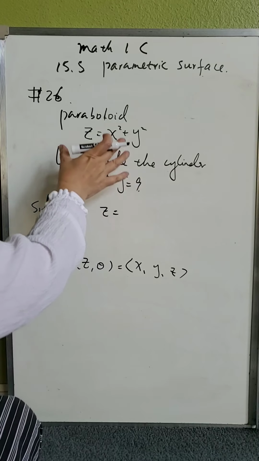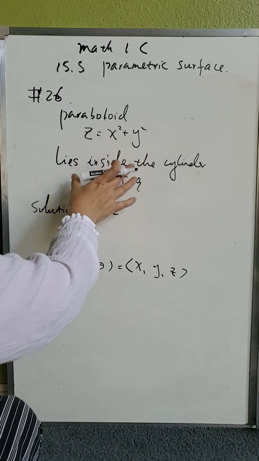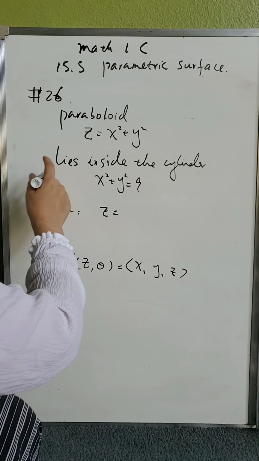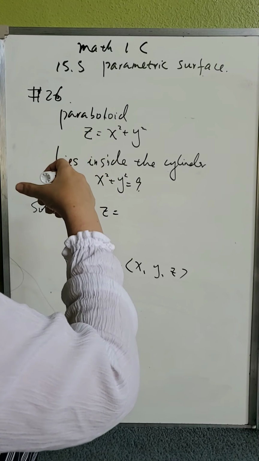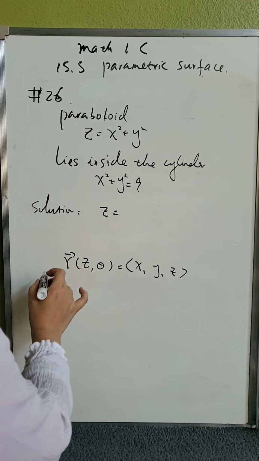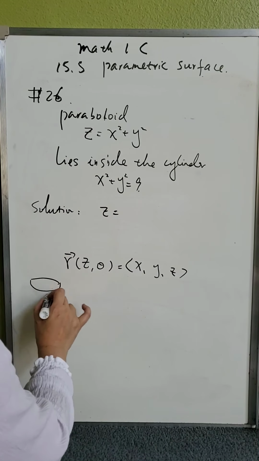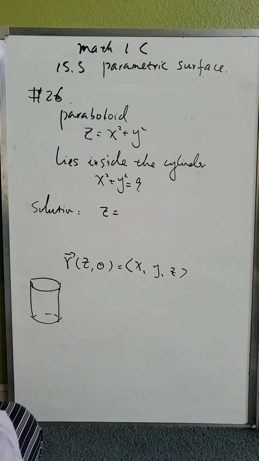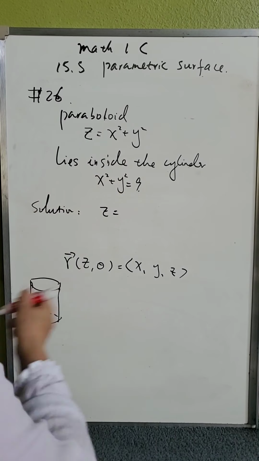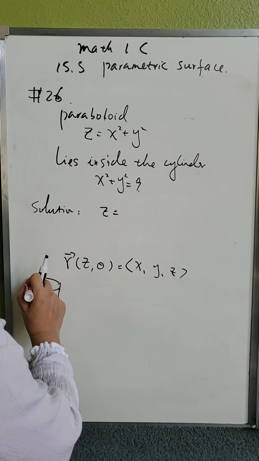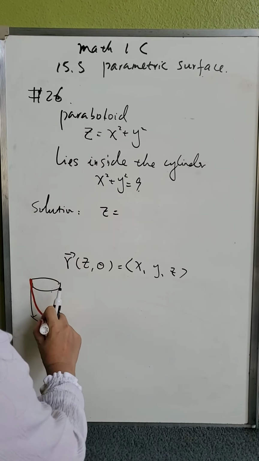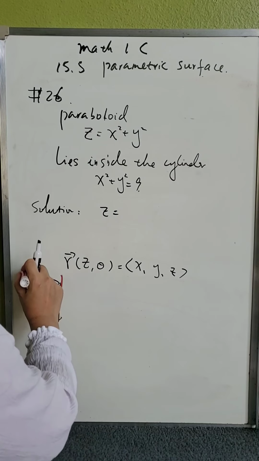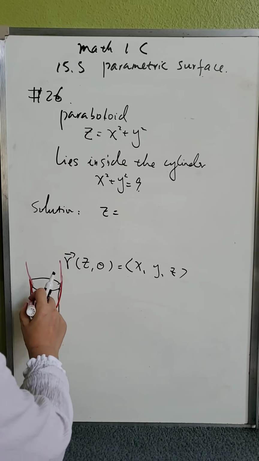The paraboloid lies inside the cylinder, so that means that this bowl is inside the cylinder. So the cylinder is like this. There's a cylinder here, and then there's a bowl. This bowl is like this. And then the sides keep going up, and they want just this part.